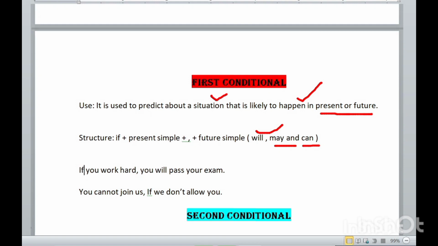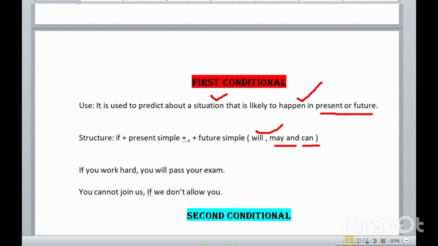Instead of will, we can use may: if you work hard, you may pass the exam. We can say that. Nothing happens, we can use it.